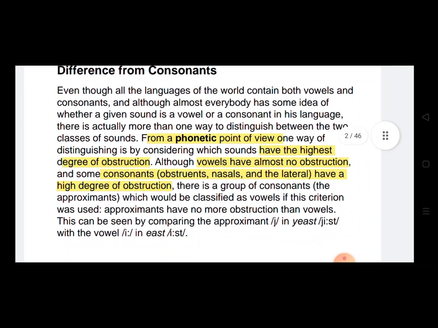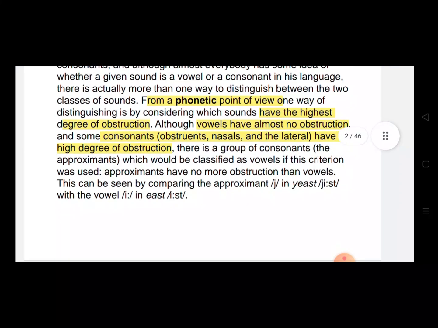The difference occurs in the definition. Consonants are those which are produced with some hindrance in the air passage, whereas vowels don't have any obstruction or hindrance. So from a phonetic point of view, one way of distinguishing is by considering which sounds have the highest degree of obstruction. Vowels have almost no obstruction and consonants have some obstruction.